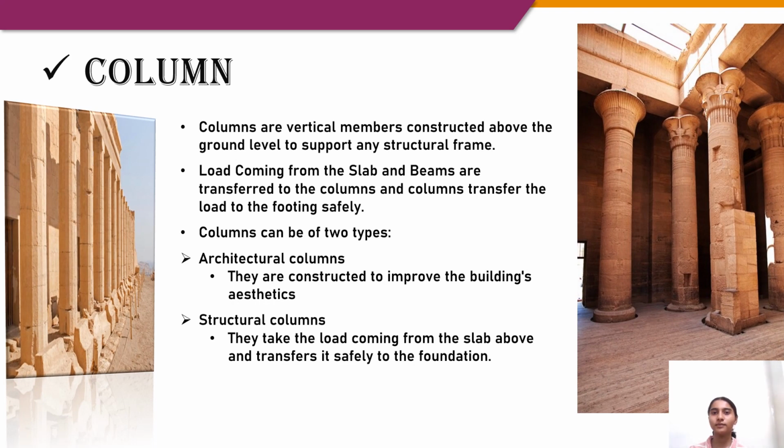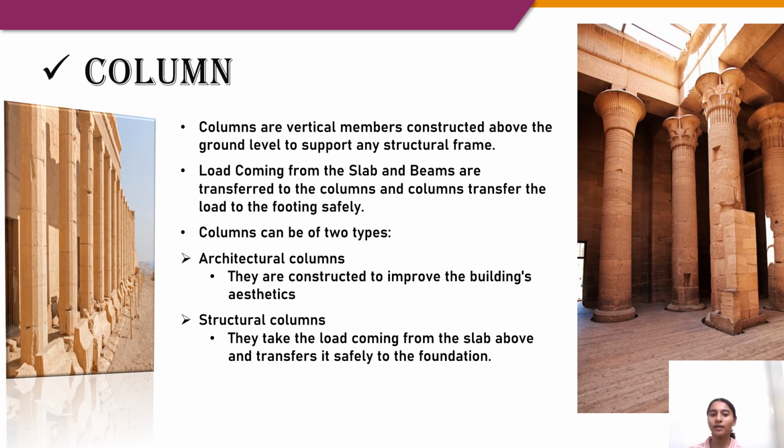Then the sixth structural element of a building is column. Columns are vertical members constructed above the ground level to support any structural frame. Load coming from the slab and beams are transferred to the columns, and columns transfer the load to the footing safely. Columns can be divided into two types.